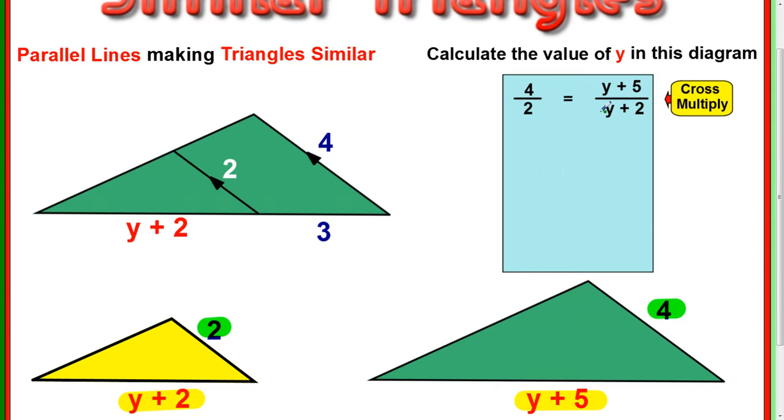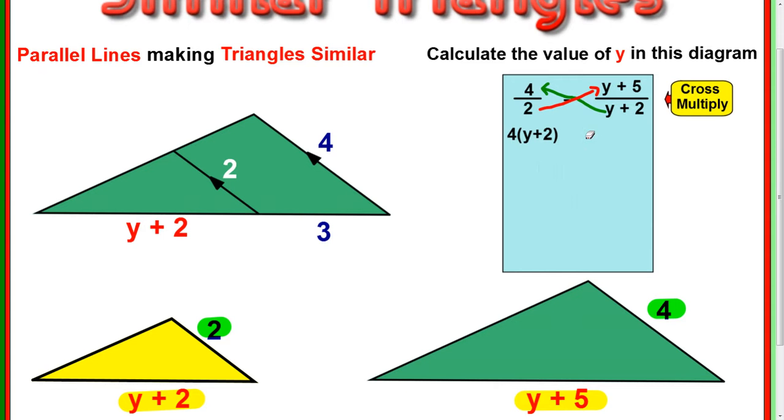So if you multiply up this one first, so y plus 2 times 4. Again, when you're multiplying more than one thing by a number, like the y plus 2 is more than one term, you put it in brackets. So 4 bracket y plus 2, so that the 4 times is both things. And do the same to the other side, you're doing the 2 multiplied up here by the y plus 5.